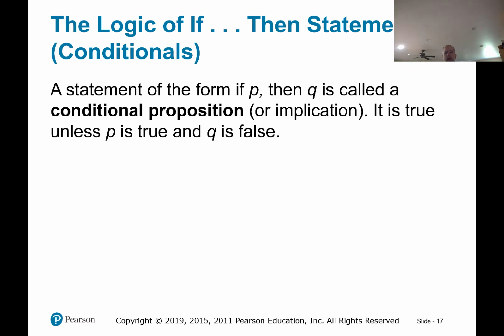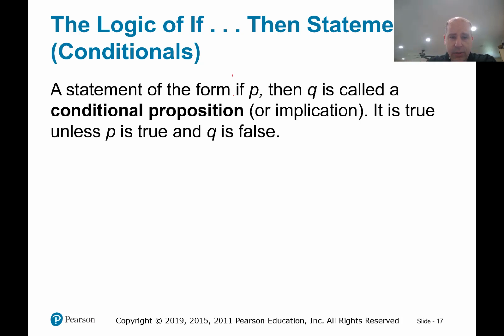Okay, now, conditional propositions or implications, if-then statements. This one tricks students, okay? The only way an implication is false is if the if part of the statement is true, but the then part of the statement is false.